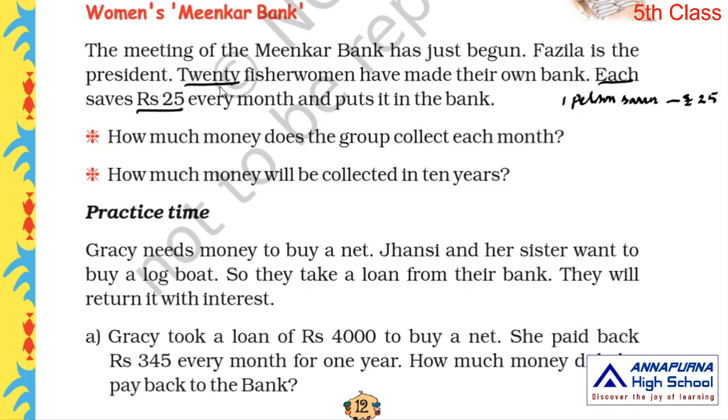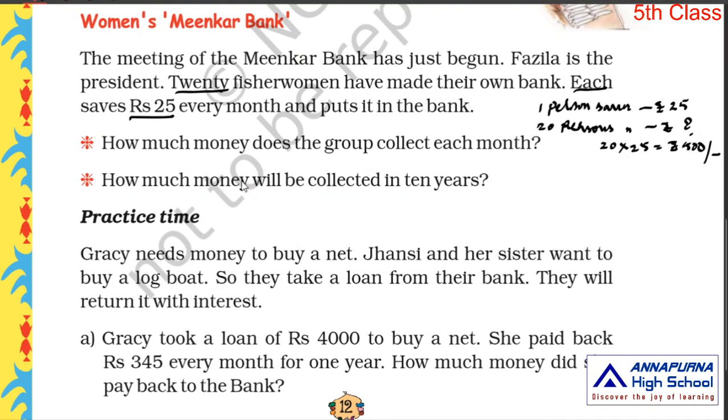How many persons are there? 20 persons. So 20 persons save how much? That means 20 25s. 20 into 25 is equal to 500 rupees. 20 25s are 500 rupees.